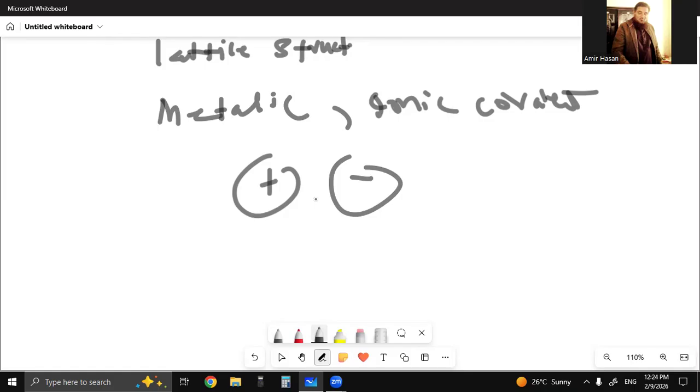Carbon also forms a crystal lattice structure in graphite, and silicon atoms also have a crystal lattice structure. These are the giant structures. Carbon in the form of diamond and graphite also has a lattice structure.